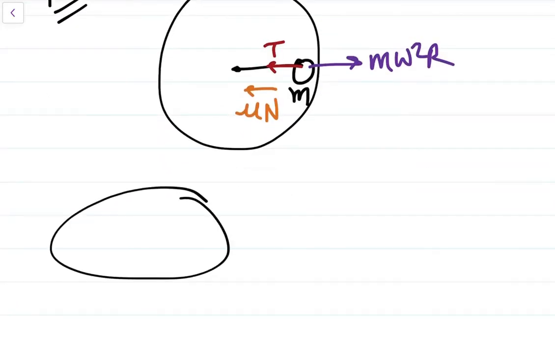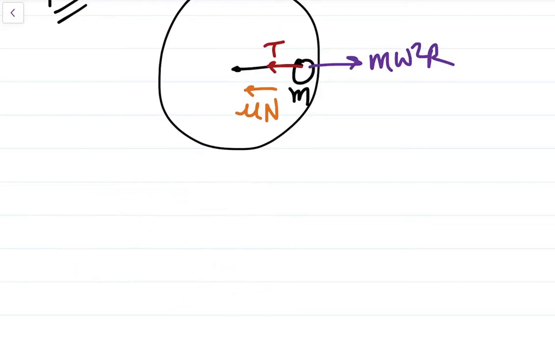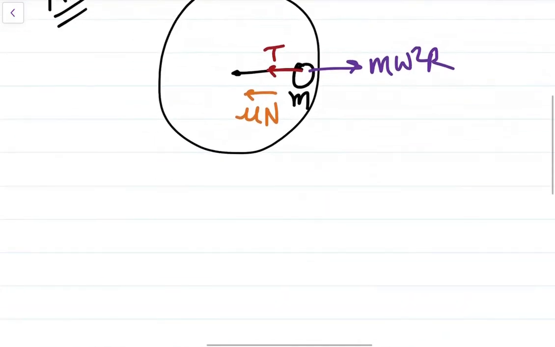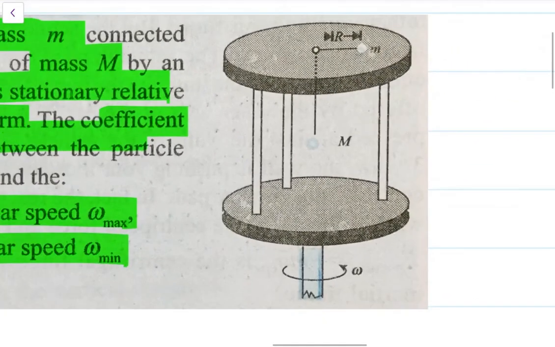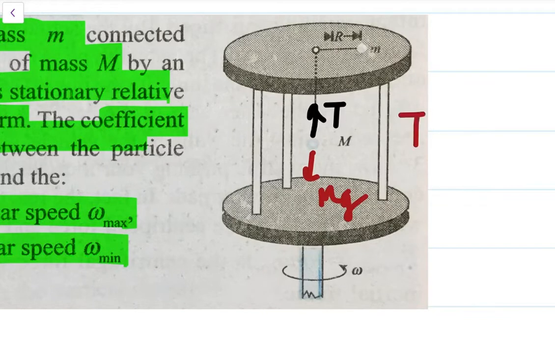How will it balance mg? Because this is a circle, and this is the normal and this is mg. So normal will balance mg because there is no acceleration in the vertical direction. And obviously, we also know from here that T is acting here and Mg is acting here, and there is no acceleration in the vertical direction, so we can write T is equal to Mg.